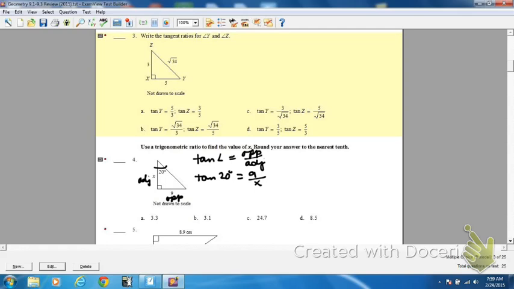And we're going to use our little trick there where we flip the sides. Put a little 1 under tangent of 20. And I'm going to do the reciprocal. So 1 over tan of 20 degrees is equal to x over 9. And then when I solve for x, I'm going to multiply by 9 on both sides.